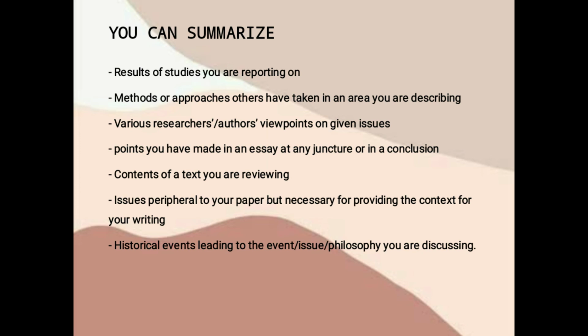The next is the content of a text you are reviewing, and then issues peripheral to your paper but necessary for providing the context for your writing, and then historical events leading to the event, issue, or philosophy you are discussing.